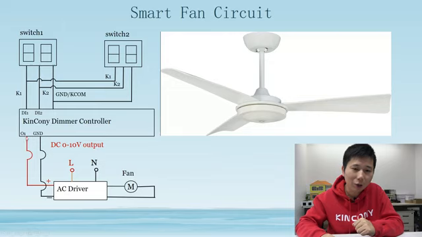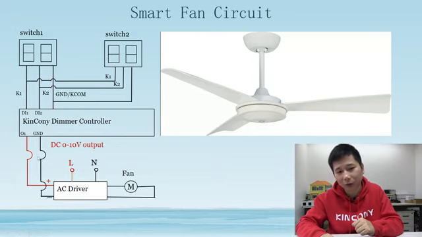For the output, you can see the red cable, that is the DC 0 to 10 volt output. This goes into this AC driver, the SSR, to change the voltage for the SSR, so that the SSR will output a different voltage for the motor.